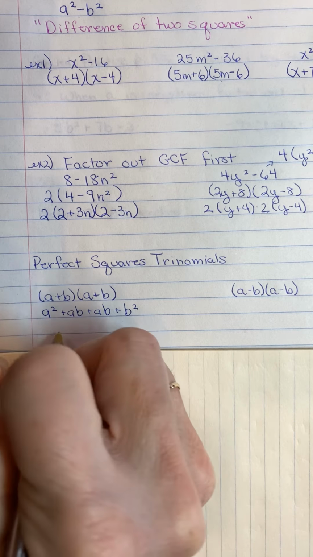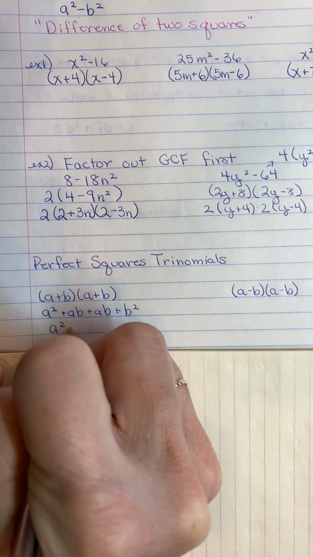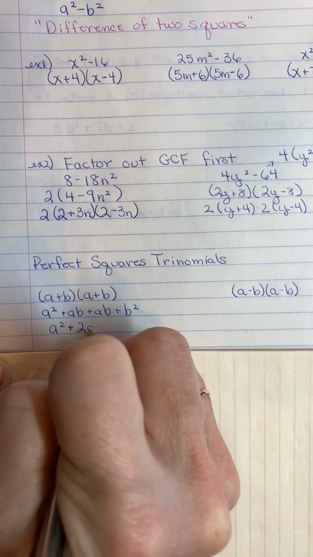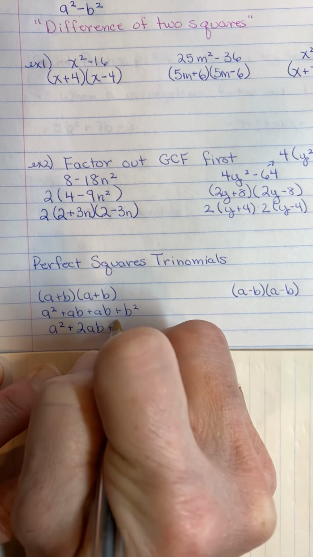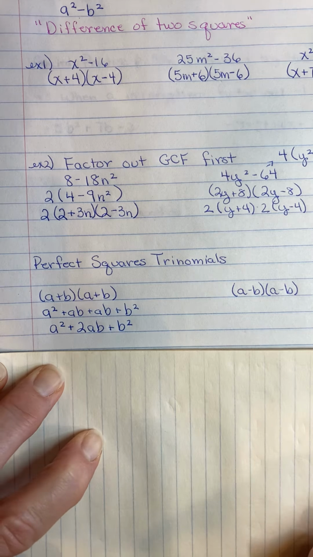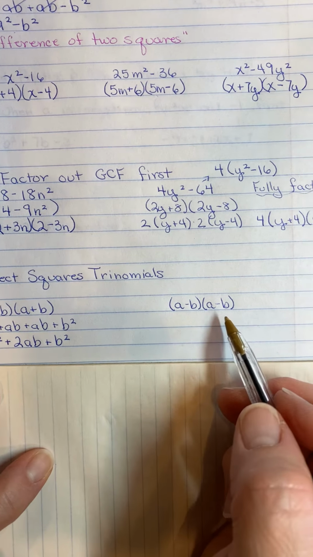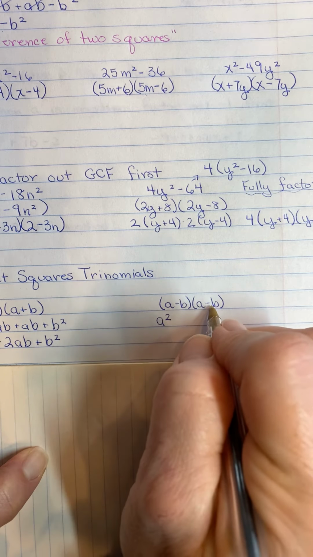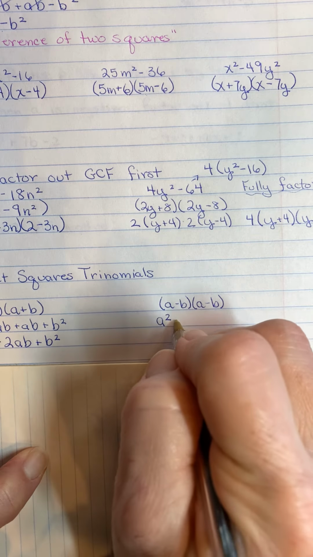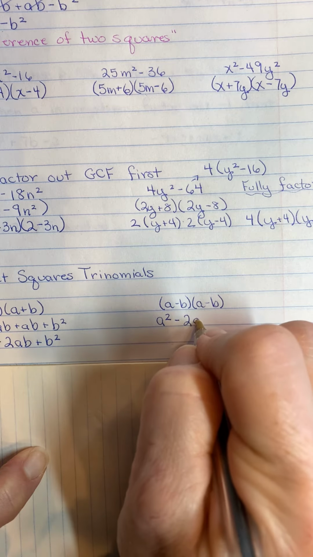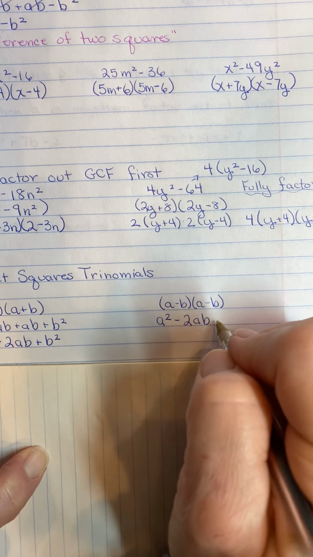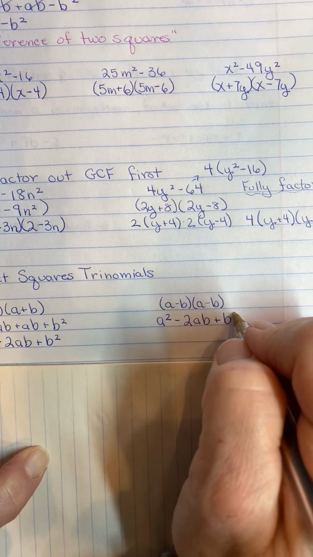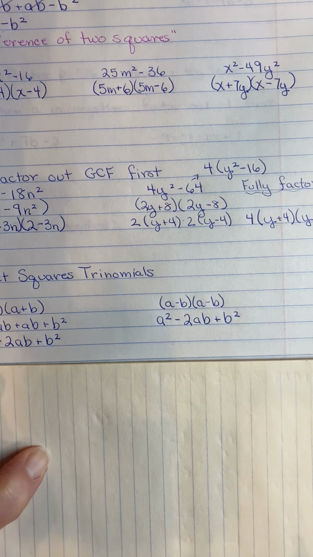So when we combine like terms, we have a squared plus 2ab plus b squared. If they both had the negative sign, we would have a squared minus ab minus another ab for a minus 2ab. The last term is always positive.